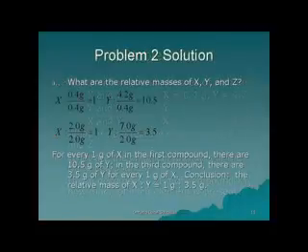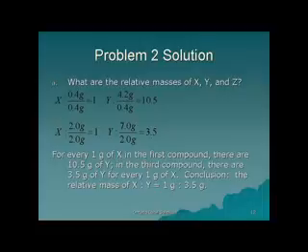We're going to solve for part A first. And it wants to know what the relative masses of X, Y, and Z are. So what I'm going to do is look at X and Y. And because X has a lesser mass in both of these compounds of X and Y, I'm going to go ahead and make it the factor of 1 here, the ratio of 1.